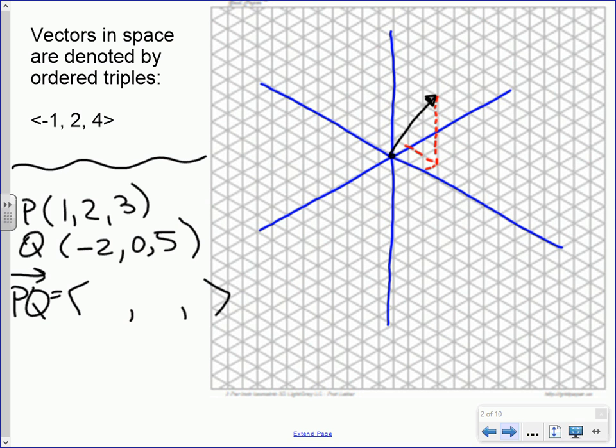It is terminal minus initial. I'll even write that for you. Terminal minus initial. So terminal minus initial, -2 minus 1, 0 minus 2, 5 minus 3. That vector would be -3, -2, 2.